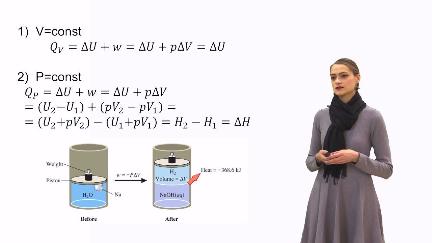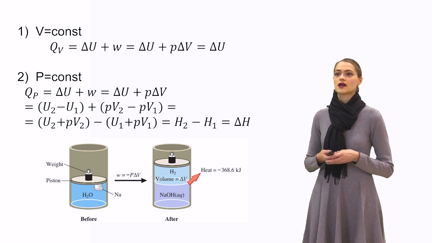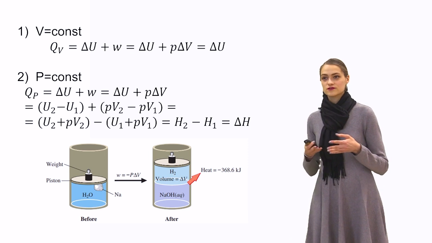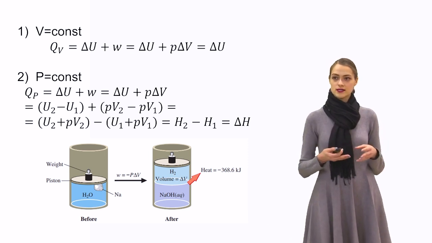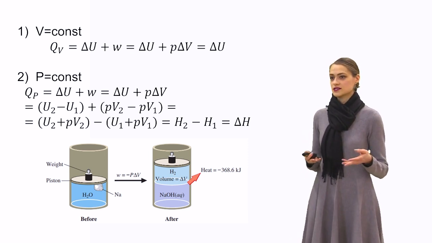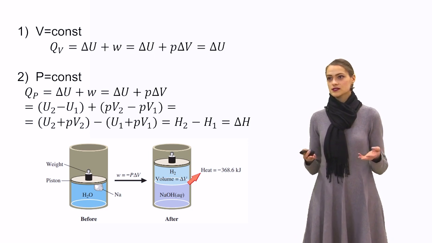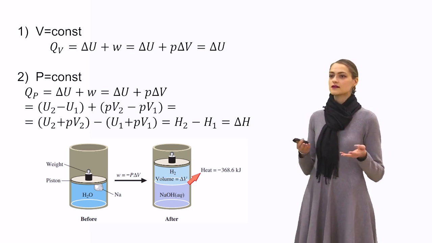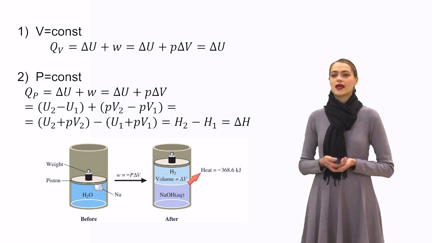Sometimes in the final exam, I can ask you, to which thermodynamic function of state is equal the heat that is released or absorbed by the system? And in isochoric conditions, we can say that this thermodynamic function of state is internal energy.